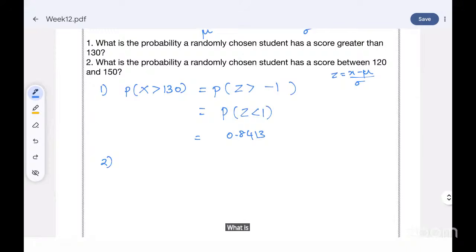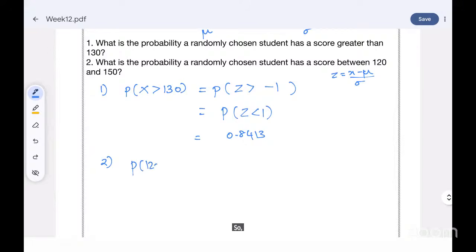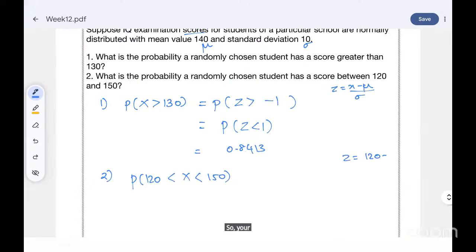Okay. What about the second part? What is the probability a randomly chosen student has a score between 120 and 150? What are the corresponding Z scores for 120 and 150? Your mu is 140. So here minus 2, and Z equal to (150 minus 140) by 10, so 1. So minus 2 and 1.